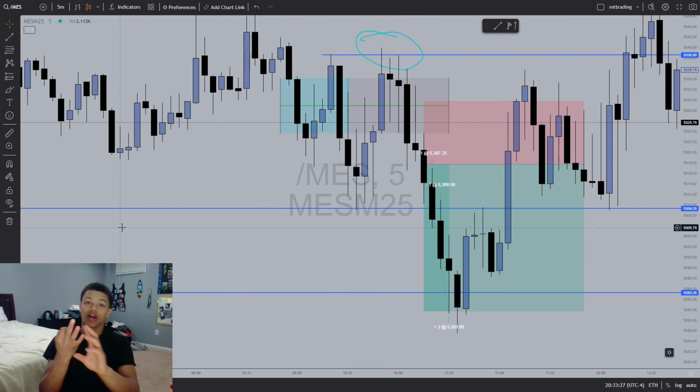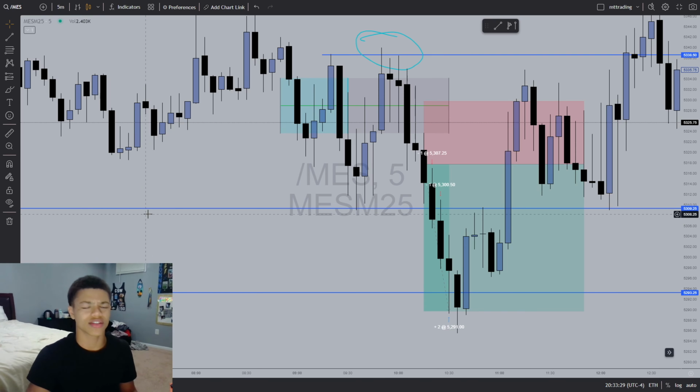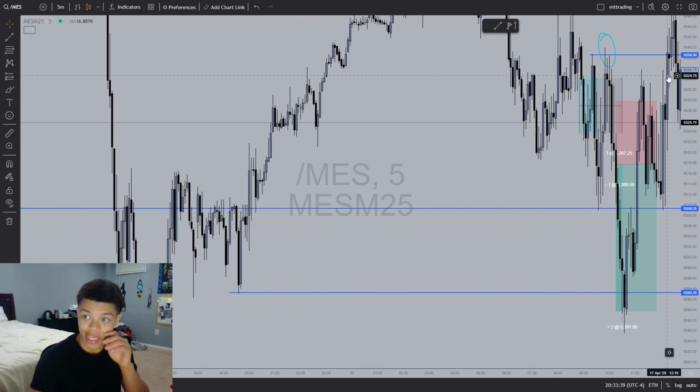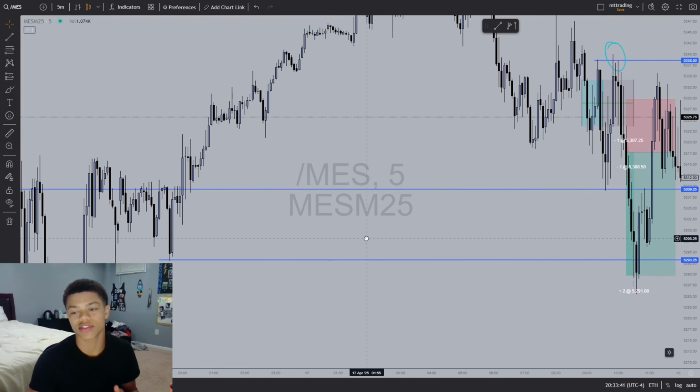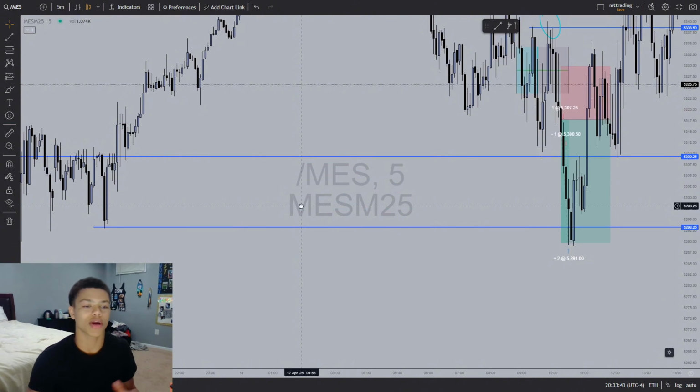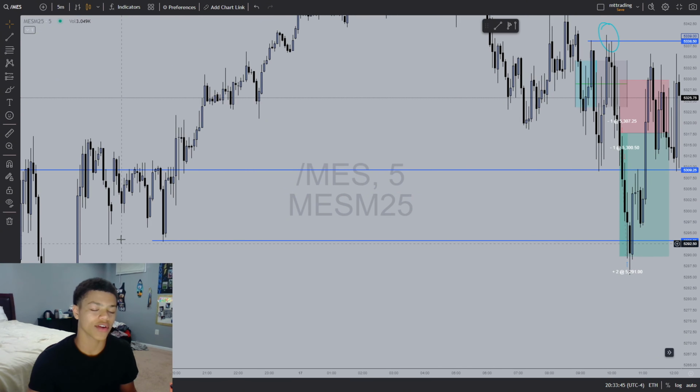And lastly, our third step of our model, what is our draws on liquidity? Where do we want market to go? Where do we want price action to go? What is our take profit going to be? So this is where we backtrack in the market a little to see where market is drawing to, and then we see over here that we're tapping at a price level multiple times.